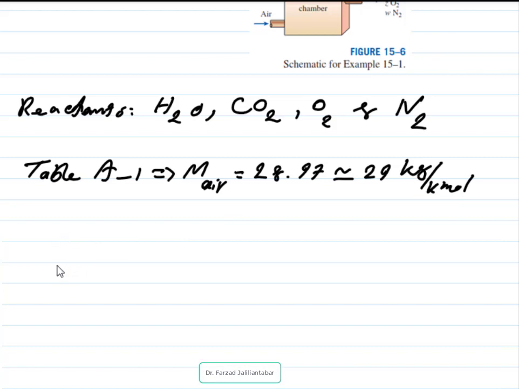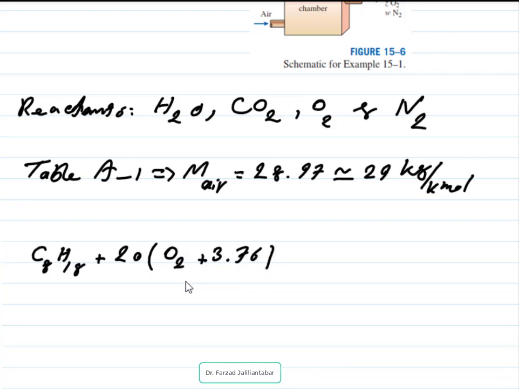Okay, first write these reactants and the products in the equation. You have C8H18, this fuel, which is reacted with 20 moles of air. As I told you, air contains oxygen plus 3.76 nitrogen.